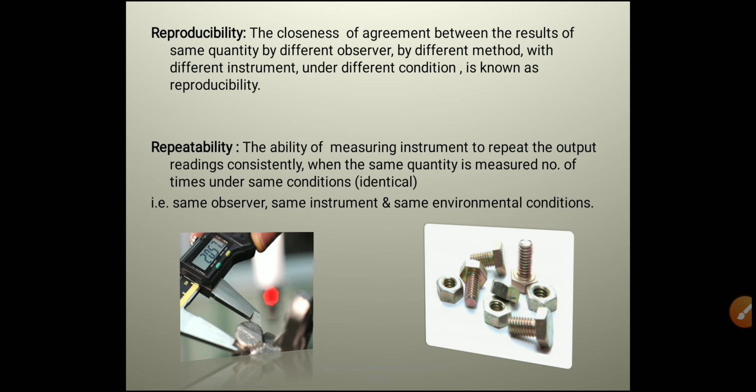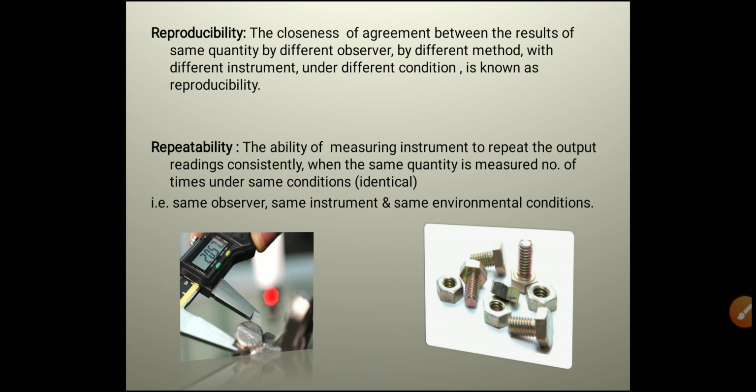Coming to the repeatability characteristic, it is the ability of a measuring instrument to repeat the output reading consistently when the same quantity is measured a number of times under the same conditions, that is identical conditions, same observer, same instrument and same environmental condition.